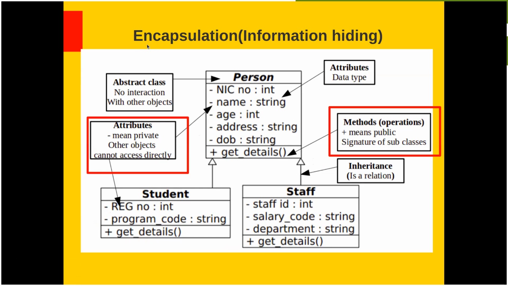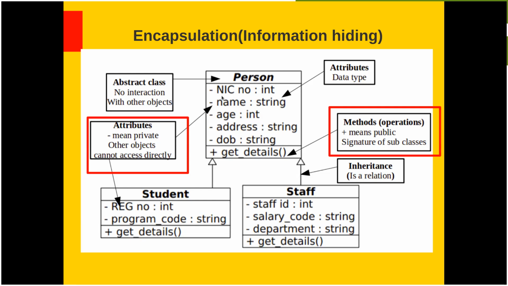The interesting thing about object-oriented programming is encapsulation, that is information hiding. Consider these attributes. This class is person. Attributes are NIC number, name, age, address, date of birth, like that.